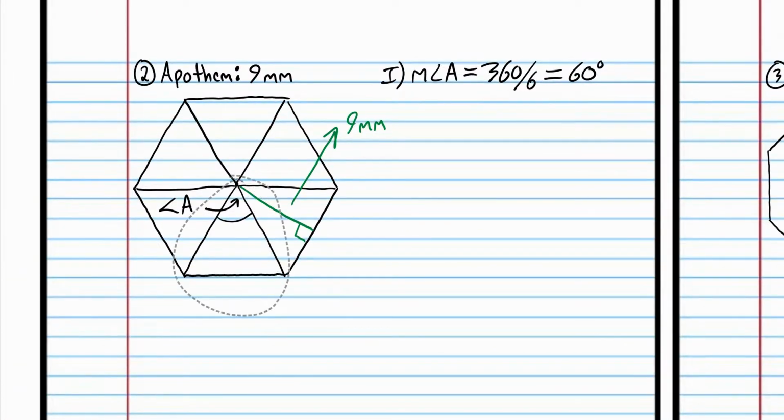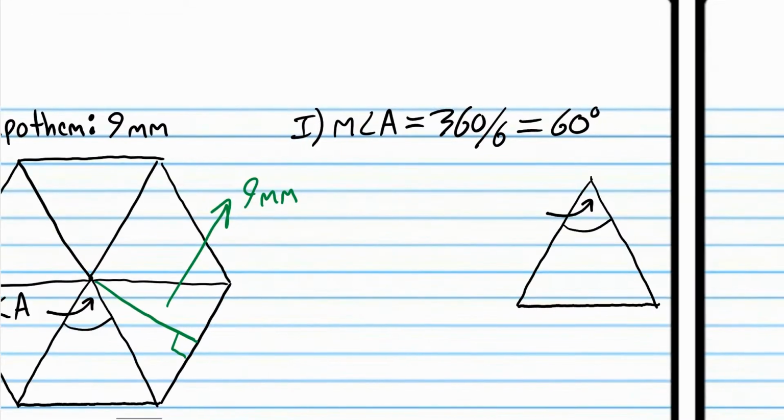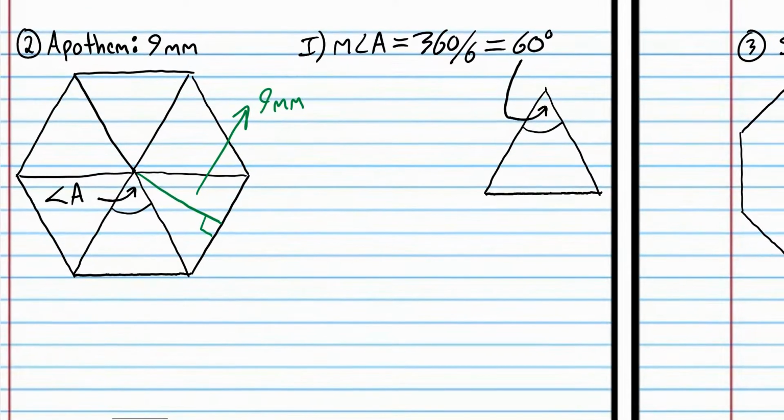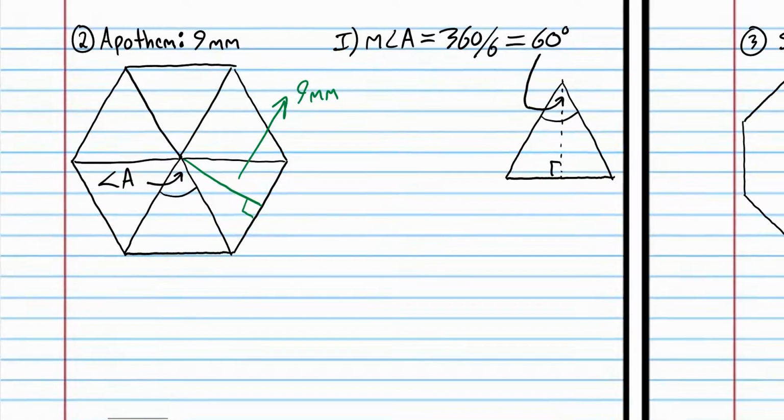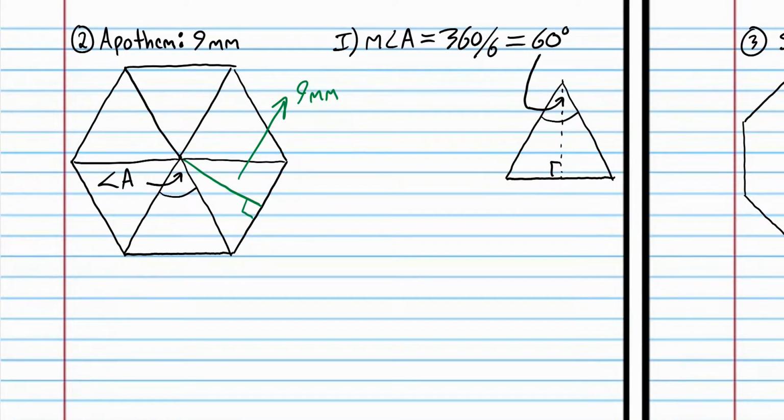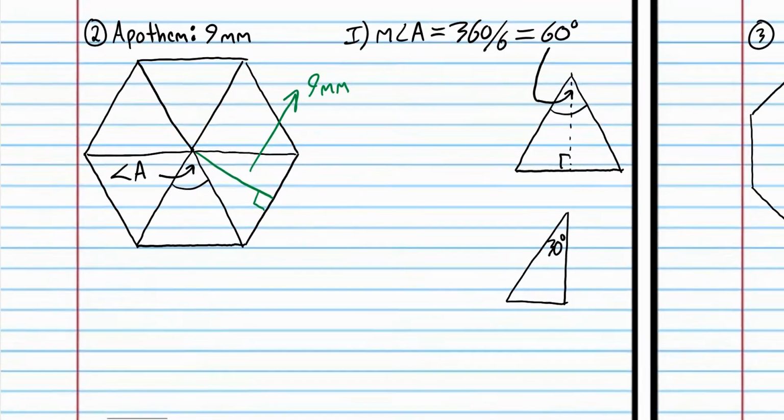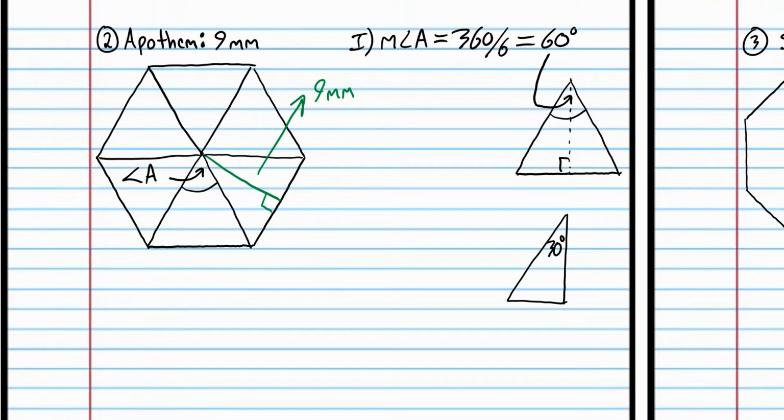So let's take this triangle out. And so again, this angle is 60 degrees. And we're going to drop down an altitude, as usual, and take out that triangle, the left triangle, it doesn't really matter which one. And now we divide and we get 30 degrees, because again, those angles are the same, these two angles here.